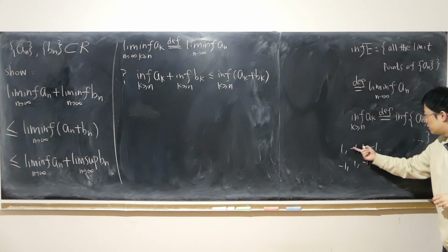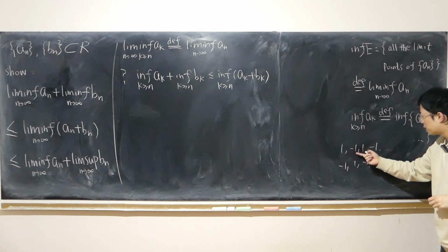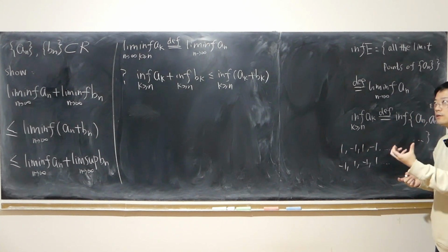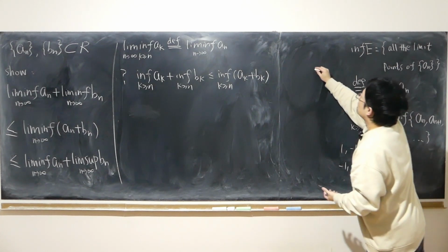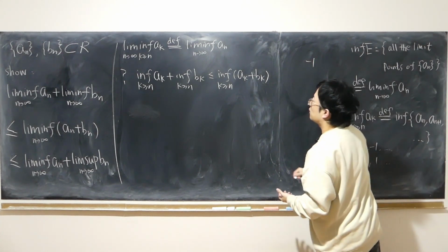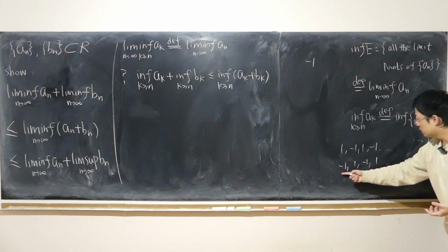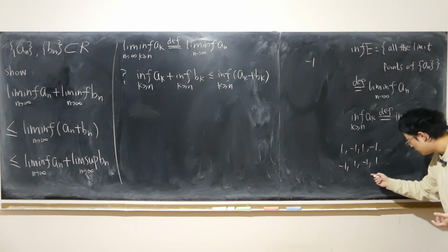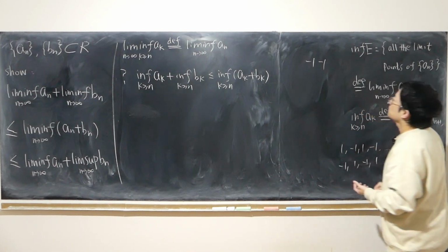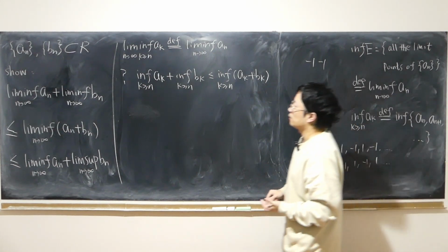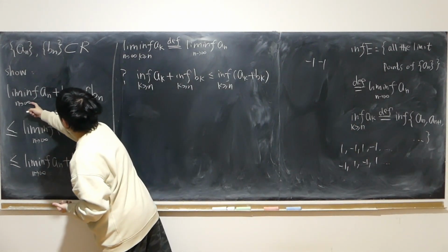The limit points of the first sequence are nothing but negative 1 and 1, so its infimum is negative 1. Also for the other sequence, the infimum of all the limit points is negative 1.